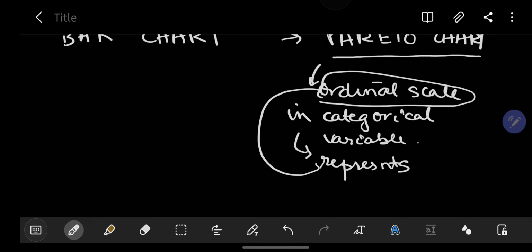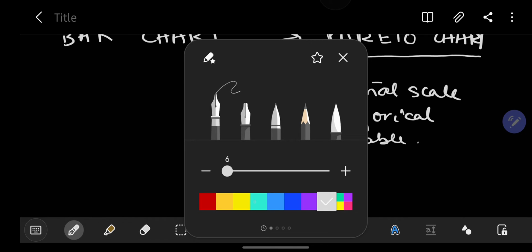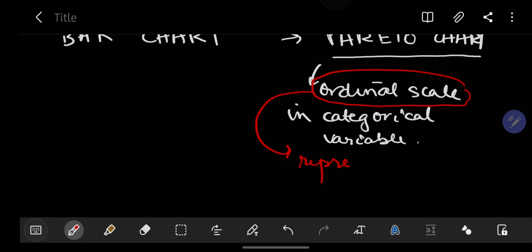Ordinal scale represents order. Let me just use another color here. Sorry for writing in white only. Pareto charts can be used to show this order.